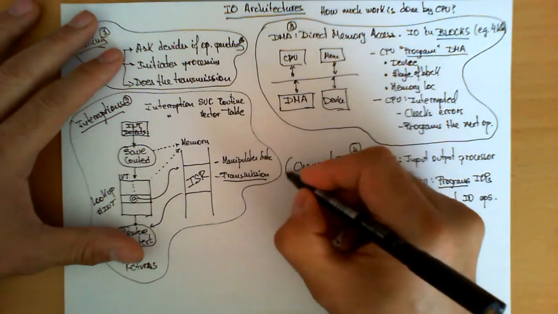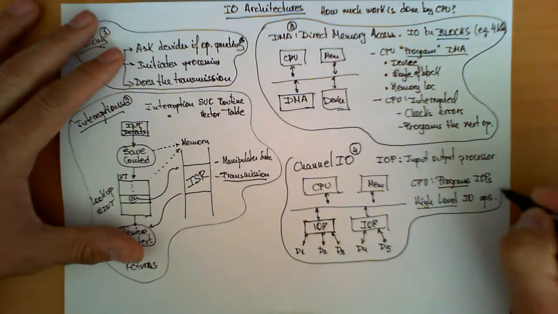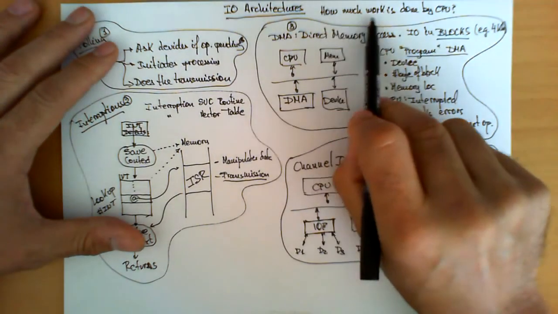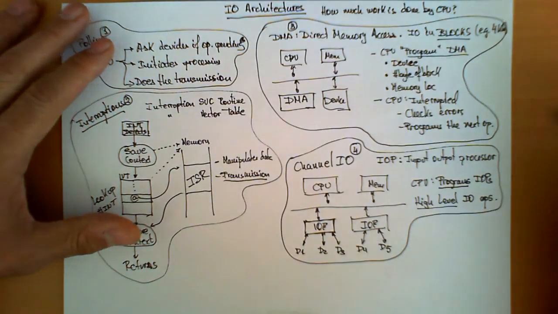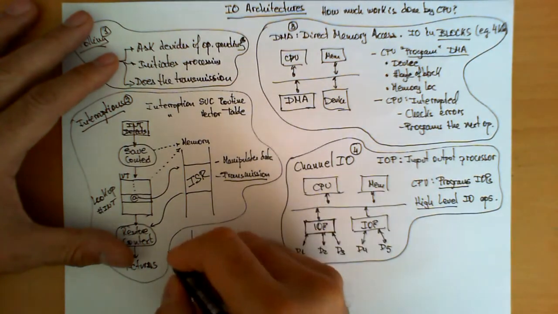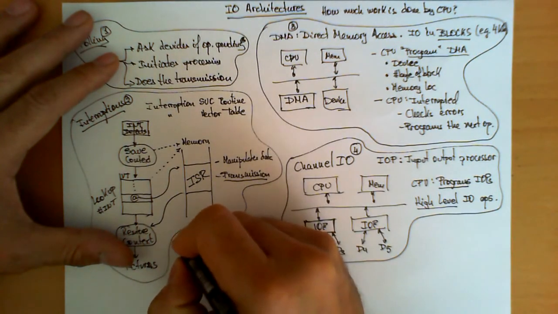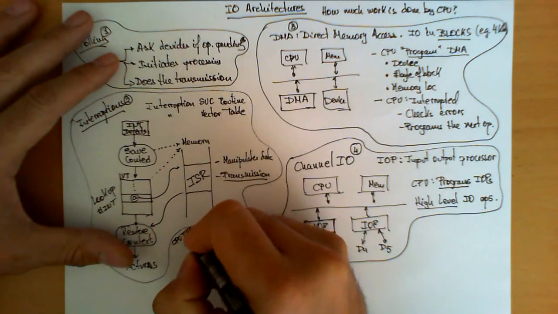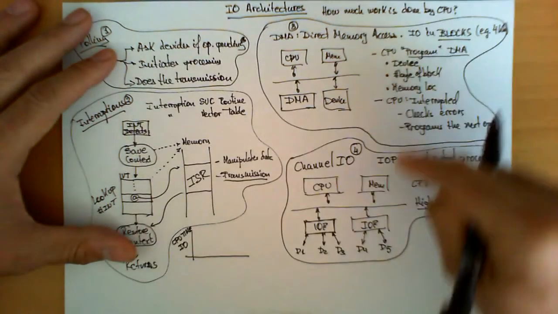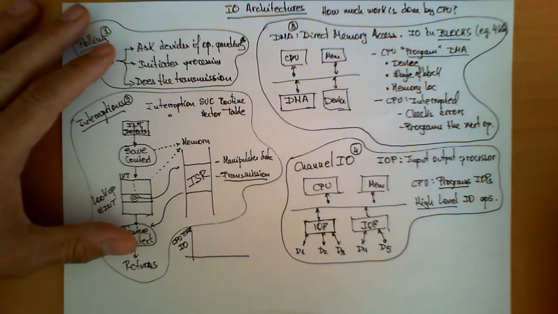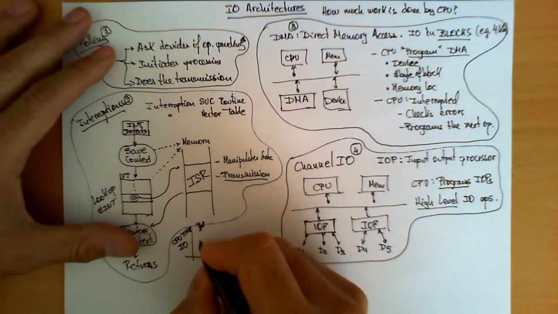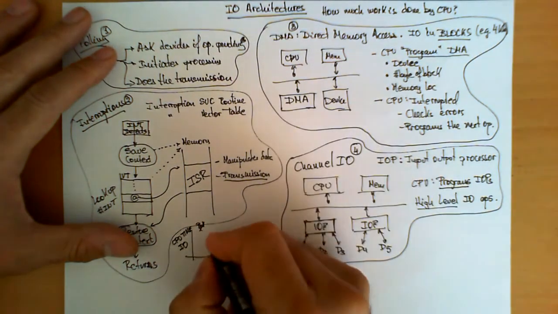So as we can see, these four strategies for input-output vary significantly on the amount of work that is performed by the CPU, to the point that we can represent it in these two graphs over here. Suppose here we plot the CPU time that is devoted to input-output. We would be able to plot the four strategies we have described, or the four architectures, as follows. Polling would be at the top because it's the one that requires more CPU time.